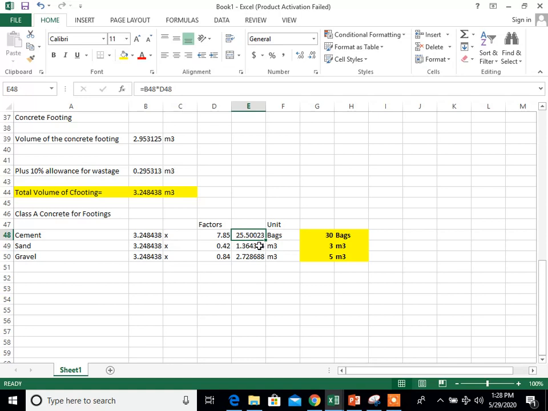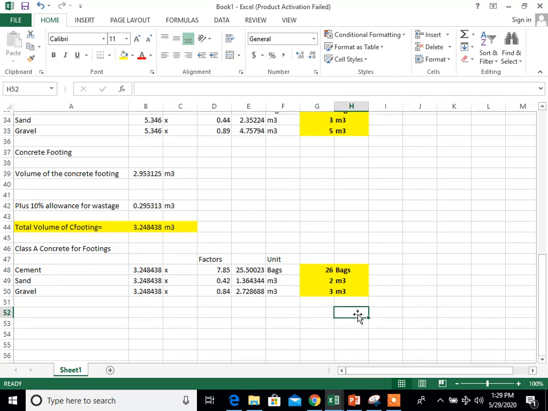For the total number of bags of cement, the total number of bags is 26. Then the total volume of sand is equivalent to 2 cubic meters, and the total volume of gravel is equivalent to 3 cubic meters.